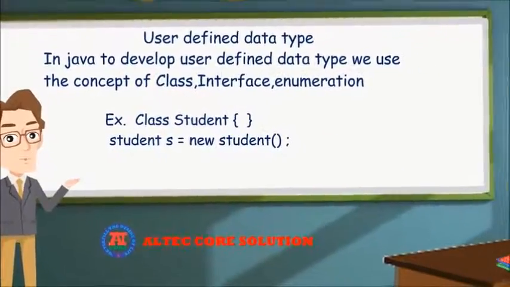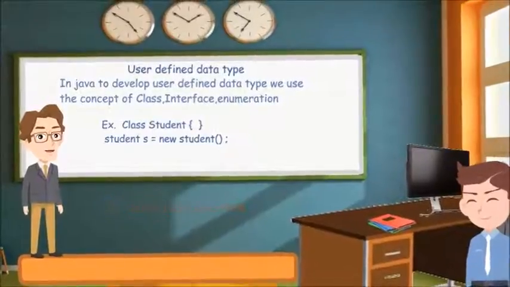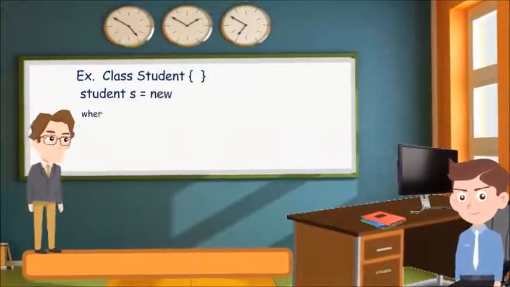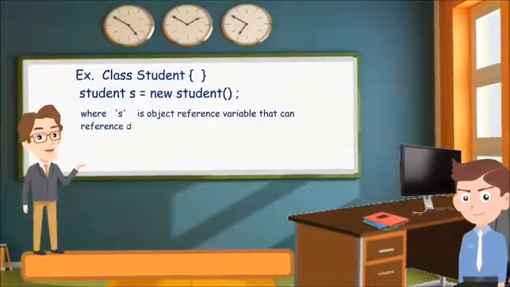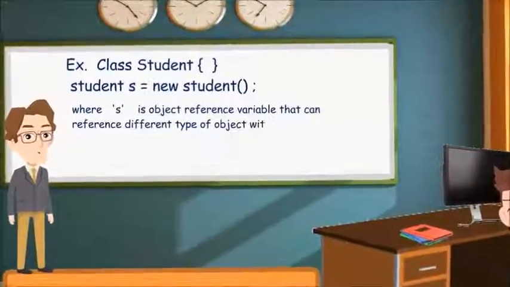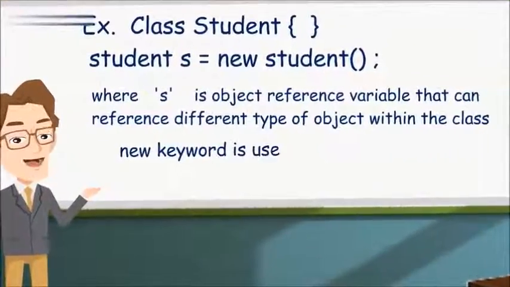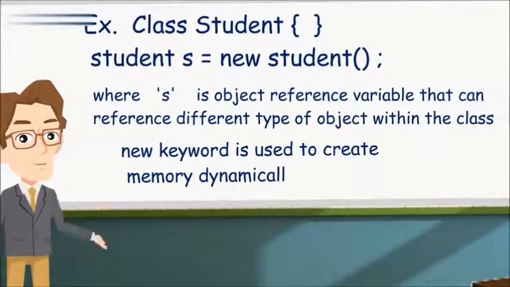New is a keyword that allocates memory dynamically. Again example, class student. So where s is an object reference variable that can reference different types of object within the class. A new keyword is used to create memory dynamically.